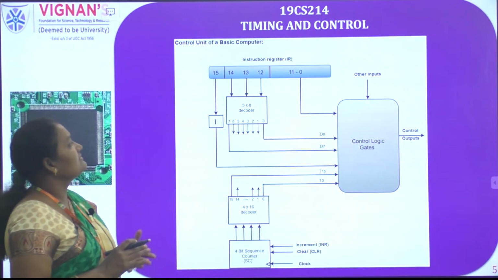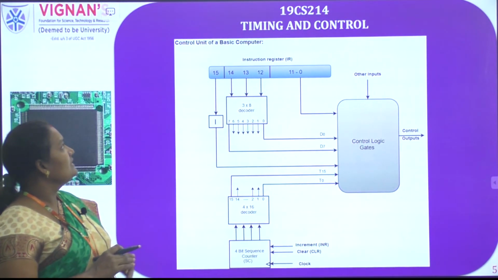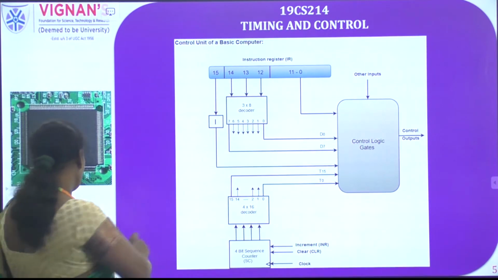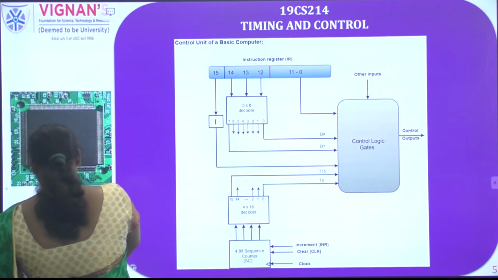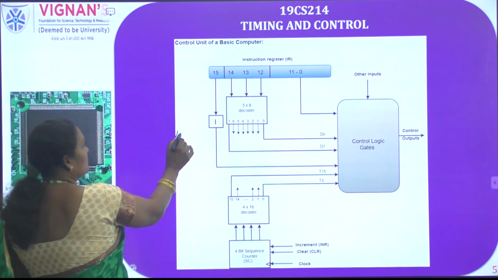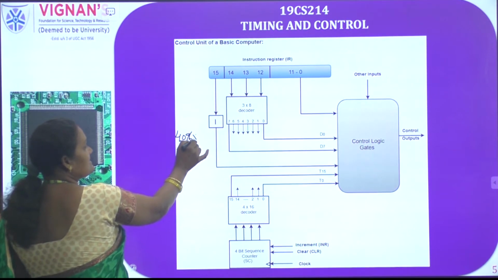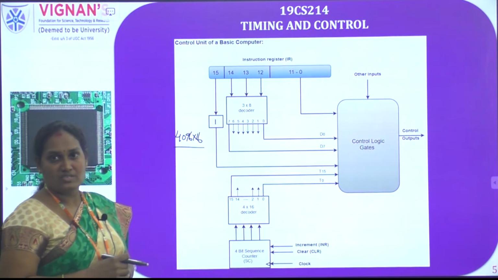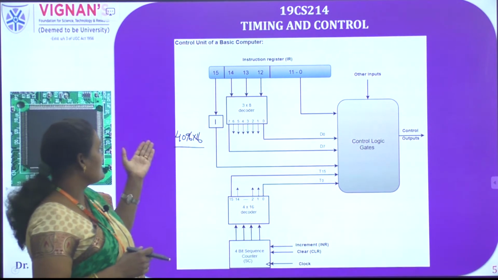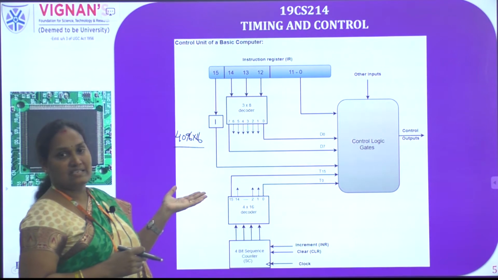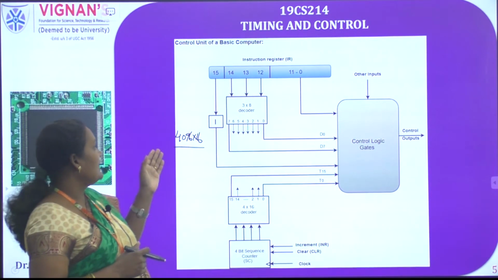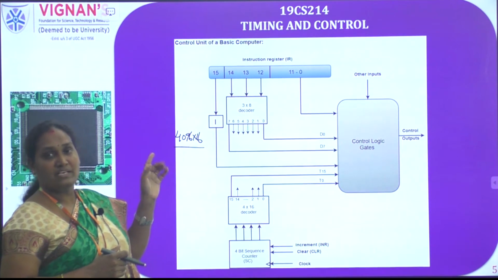This diagram explains the control unit for a basic computer. Here we take a basic computer of size 4096 by 16. In earlier sessions, while talking about instruction codes, I explained that 4096 indicates the number of locations and 16 indicates the number of bits for each location.